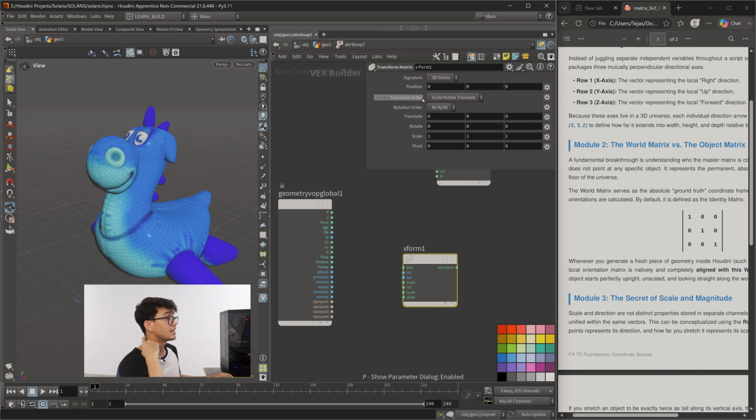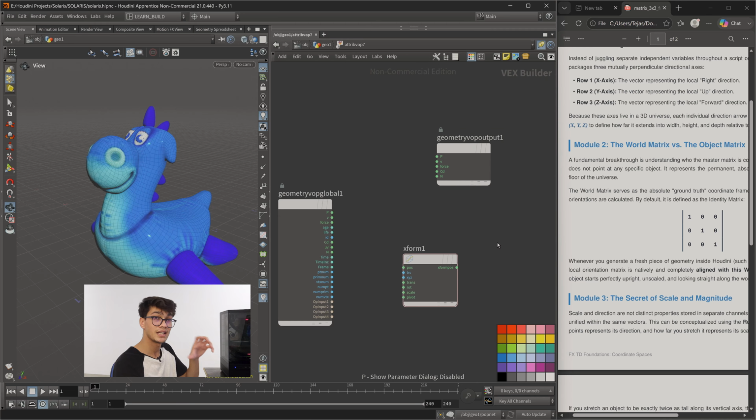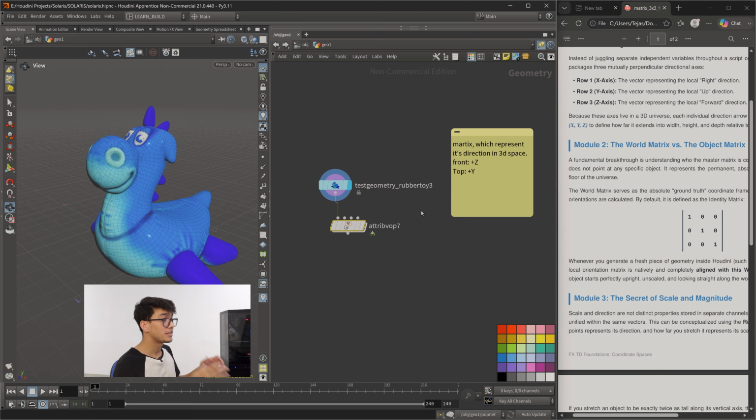And this translate is working in the backend as a matrix. Its data is going as a matrix. We have this special data which tells us translate, rotate, and scale, but this is one single data type behind the scenes. The matrix is now being compared, and the origin matrix is fixed. It is the base of everything.